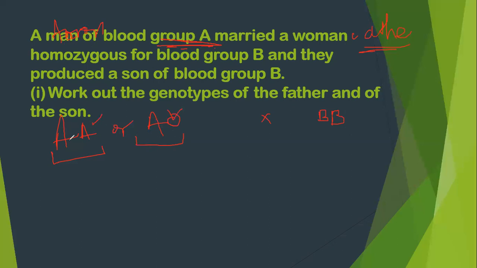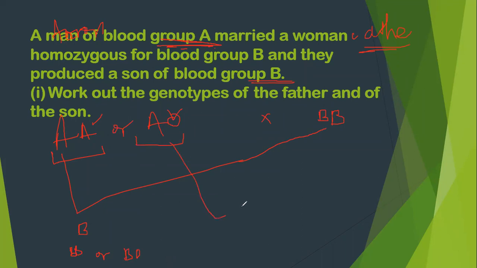But when the two are crossed, they produce a son of blood group B. They have not told us which B. Is it B homozygous, capital B, or B heterozygous, capital B, small o?